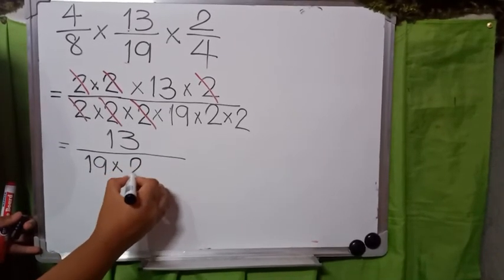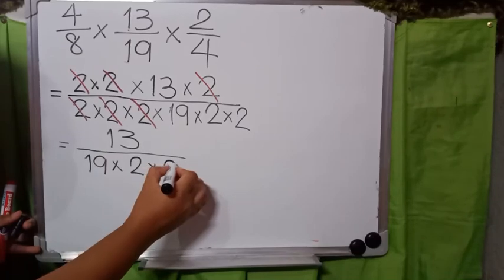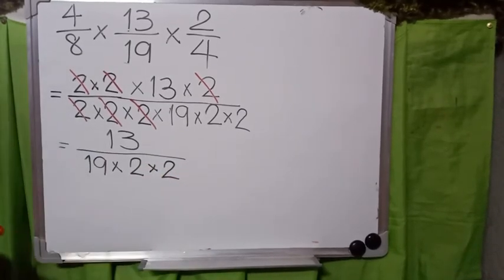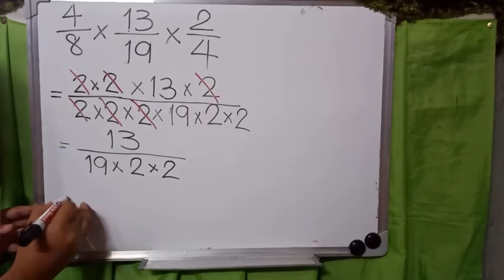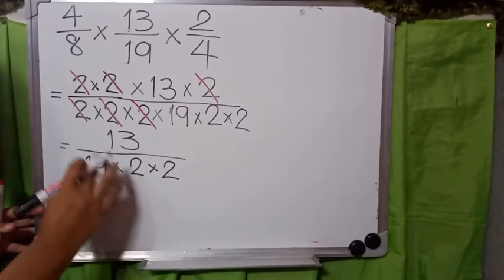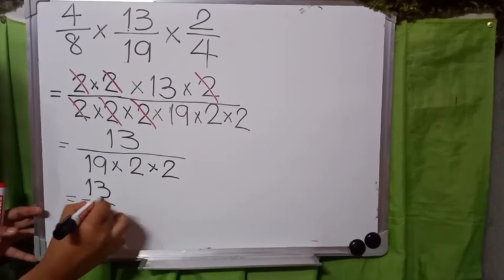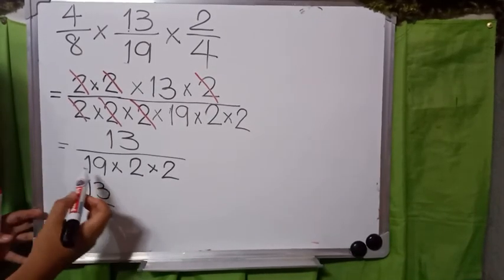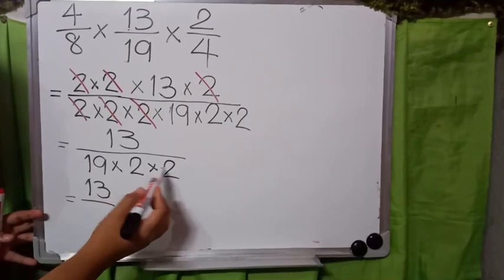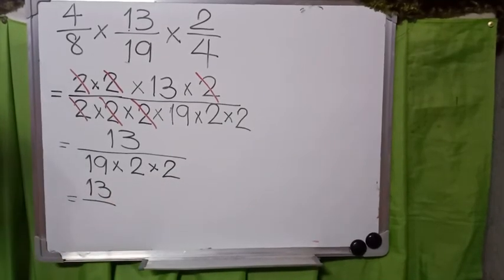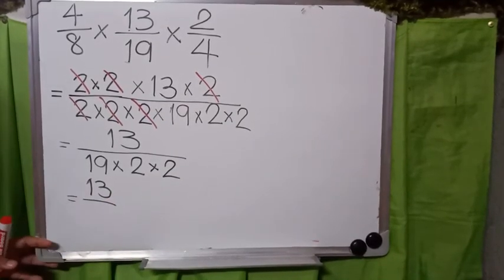To find our final answer, we need to solve this. Copy your 13. 19 times 2 times 2 will get 76.